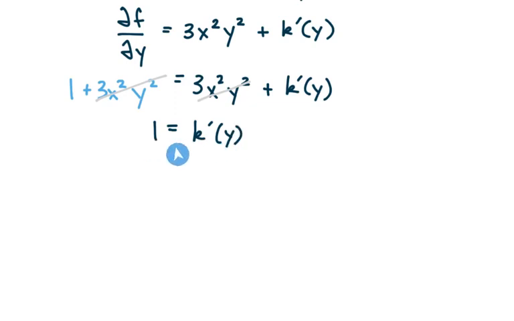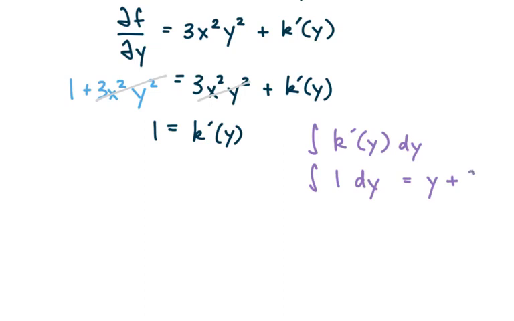So once I've done that, now at this point, I'm going to take this and integrate with respect to y. So the integral of k prime of y, that's the integral of the value we just found, 1, and we're going to integrate with respect to y, which gives me y plus c.